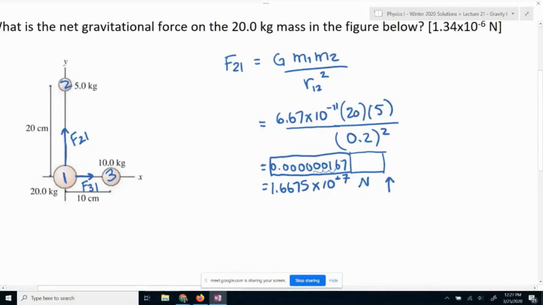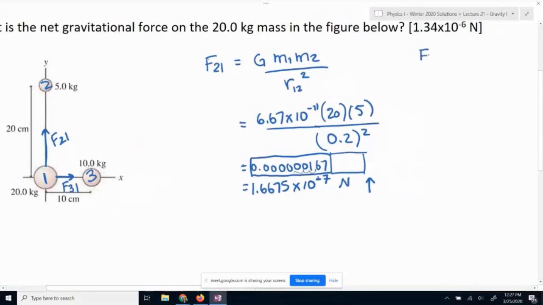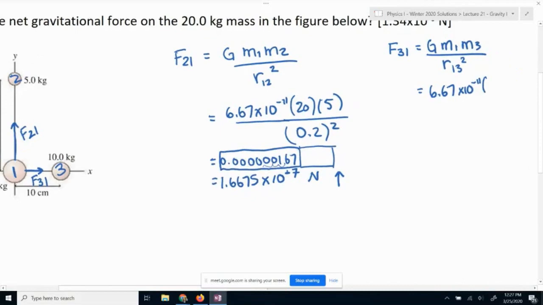And then I can do the same thing to find the force that object 3 exerts on 1. It's the same formula, but I'm talking about mass 1 and mass 3 and the distance between 1 and 3. So I have 6.67 times 10 to the negative 11, mass 1, which is 20, mass 3, which is 10, over the distance between them, which is 0.1 squared.